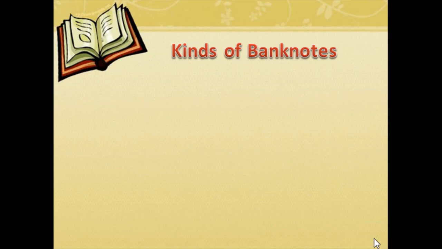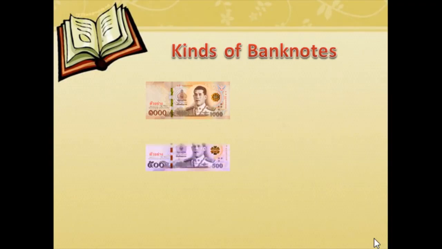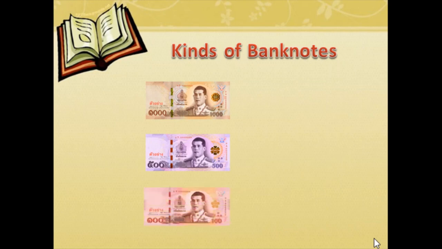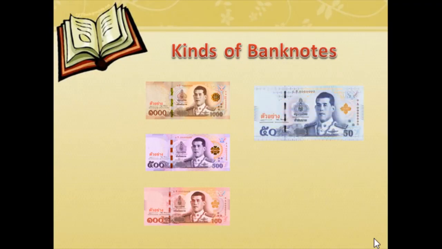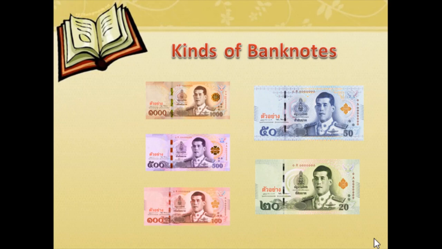What are the different kinds of banknotes? Number one, we have a 1,000 banknote, 500 banknote, 100 banknote, 50 banknote, and a 20 banknote.